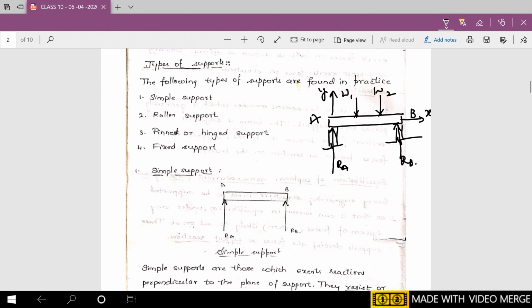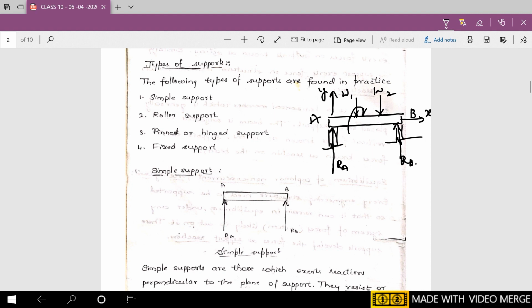So in simple support, only one translation direction is restricted, the other is allowed, and rotation is also allowed. I can rotate about the x-axis, correct? If I apply a twisting moment like this, I can rotate the beam about the x-axis.